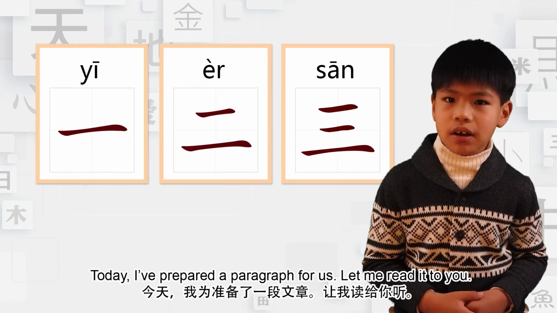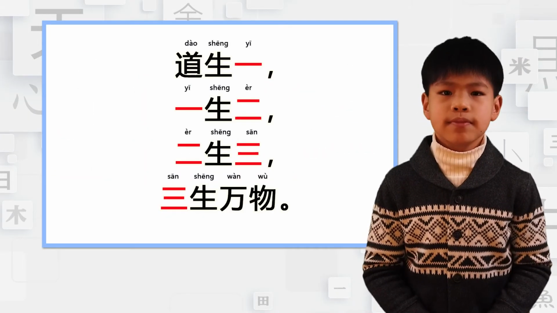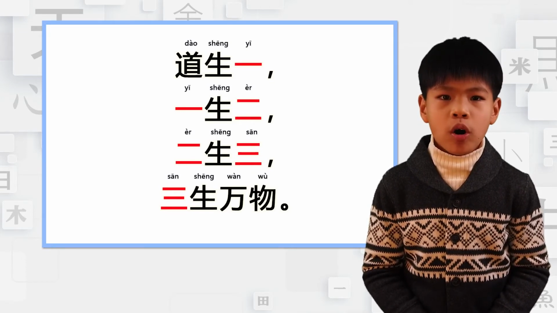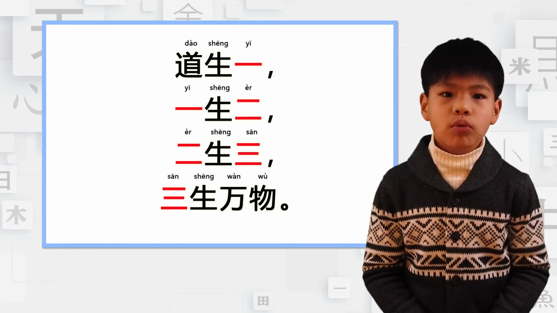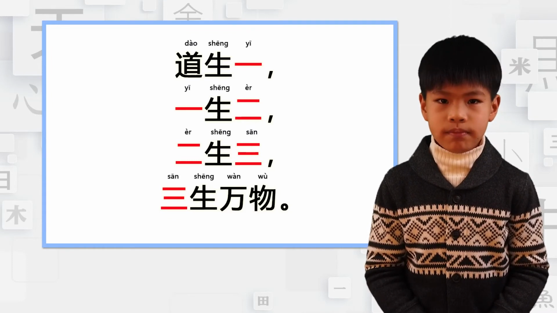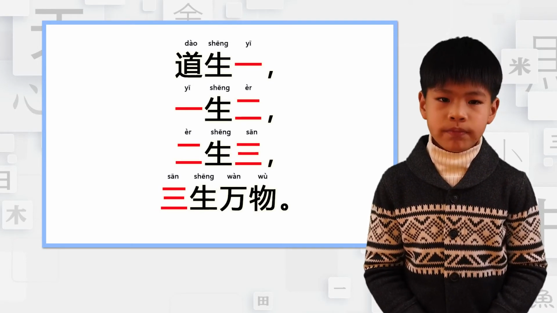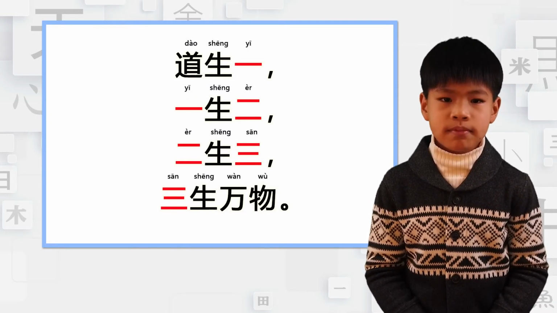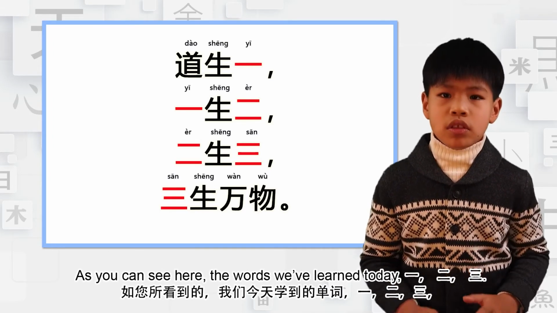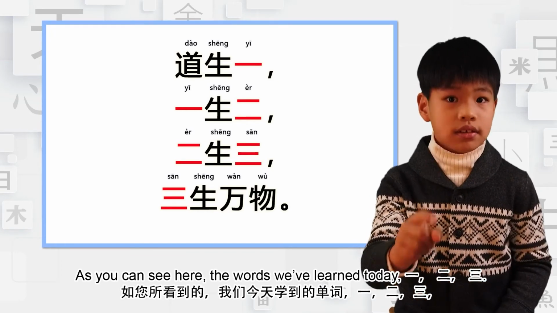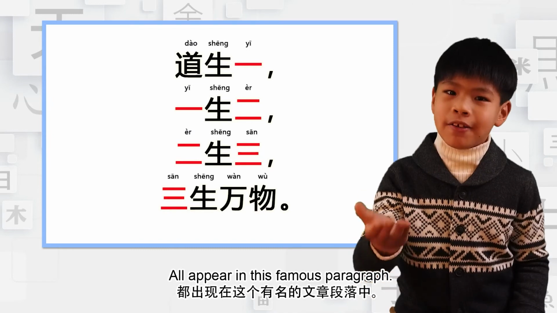Today, I've prepared a paragraph for us. Let me read it to you. 道生一，一生二，二生三，三生万物。I'll read it again. 道生一，一生二，二生三，三生万物。As you can see here, the words we've learned today are 一、二、三, all appear in this famous paragraph.